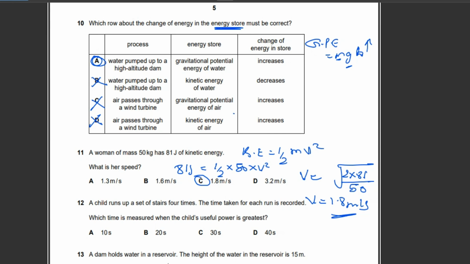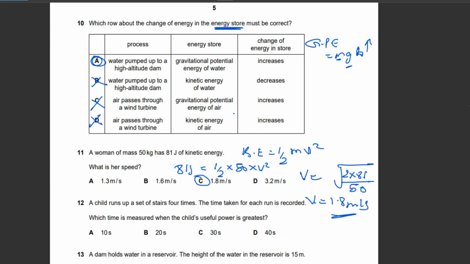Okay, let's take question 12. A child runs up a set of stairs 4 times. The time taken for each run is recorded. Which time is measured when the child's useful power is greatest?